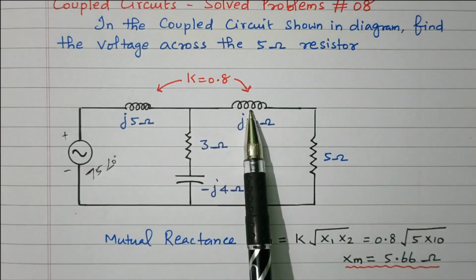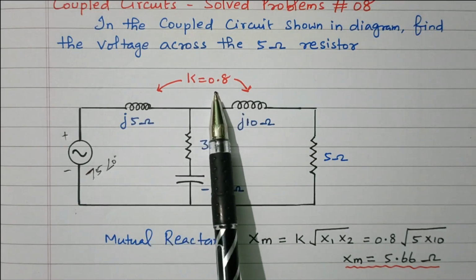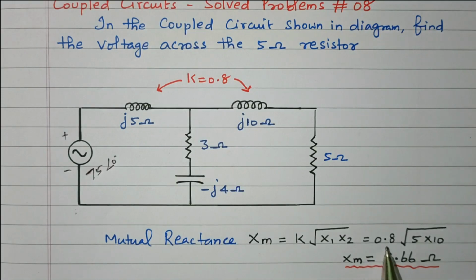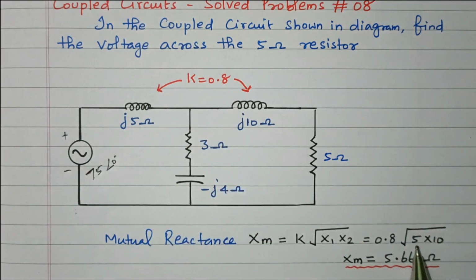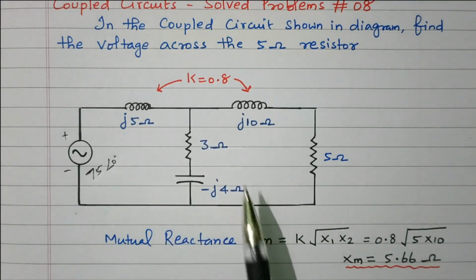Mutual coupling coefficient between these two coils is given as 0.8. So 0.8 into square root of X1 value is 5, X2 value is 10. So 5 into 10, 50. Square root of 50. After simplification we got 5.66 ohm. The mutual reactance between these two inductors is 5.66 ohm.